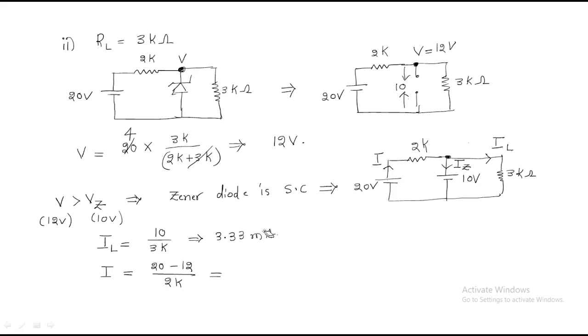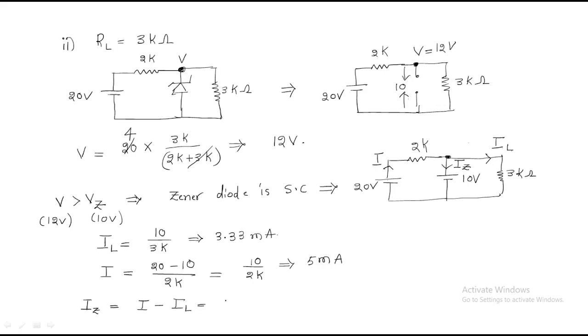And the source current equals the source minus this voltage, divided by 2K. What about this voltage? This is 10, again 10. So 10 by 2K gives 5 milliamps. So the source current is 5 milliamps, and the load current is 3.33 milliamps. Then what is the GNR diode current? The GNR diode current equals total current minus load current.